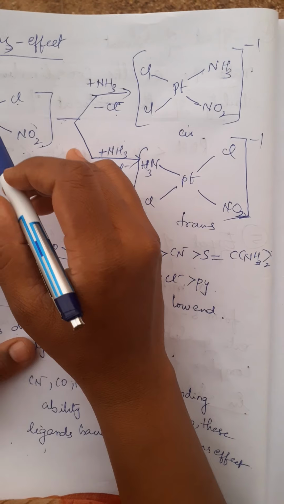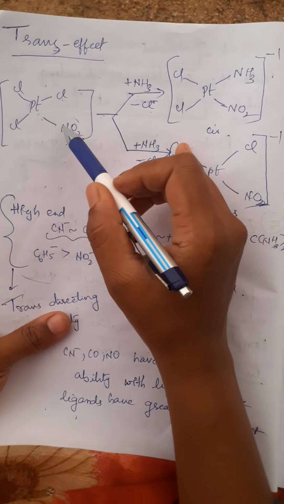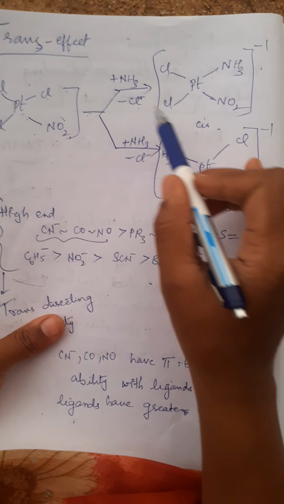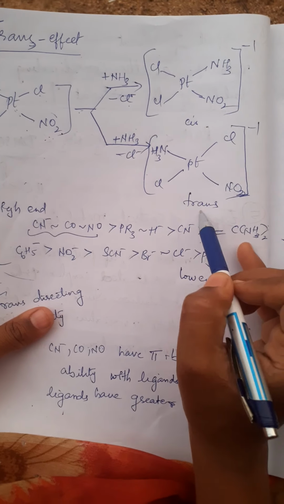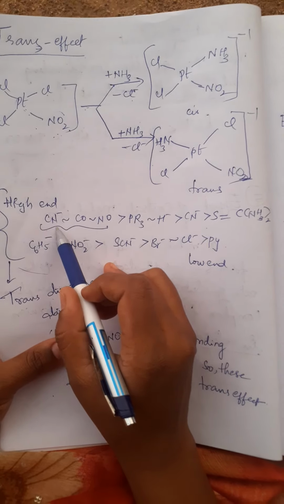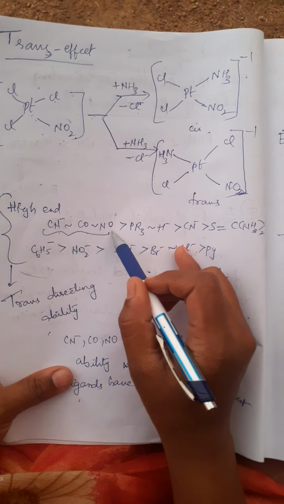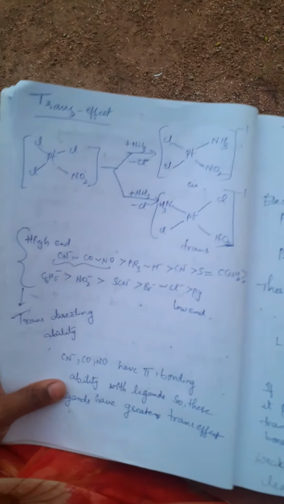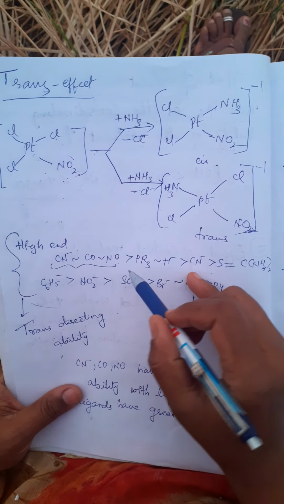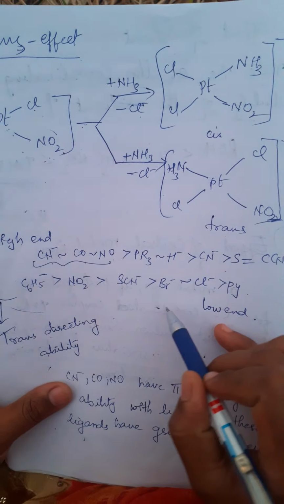Suppose the chloride is cis to the nitro group or trans to the nitro group. So there is an ability to form two complexes, but if you see the series, cyanide, carbon monoxide and nitric oxide, these three ligands have a higher trans effect than the others.